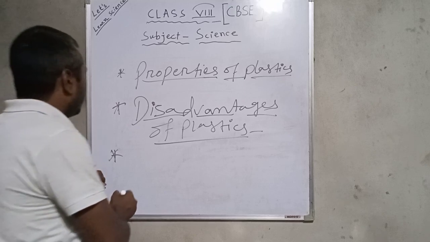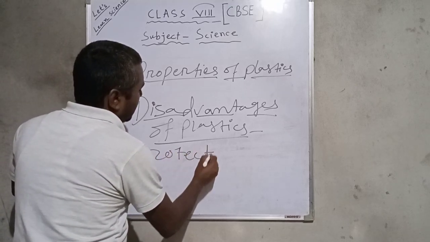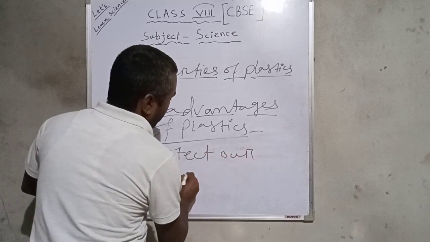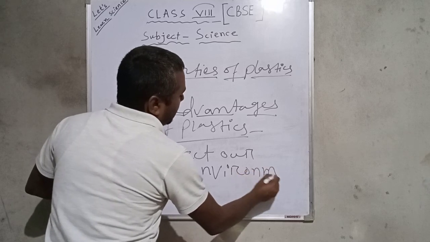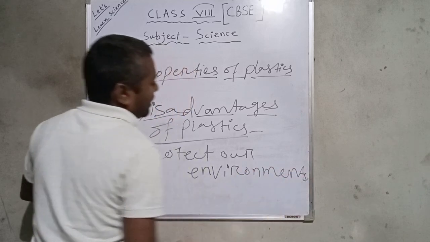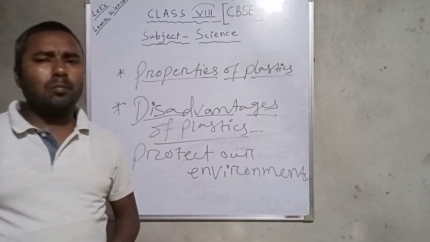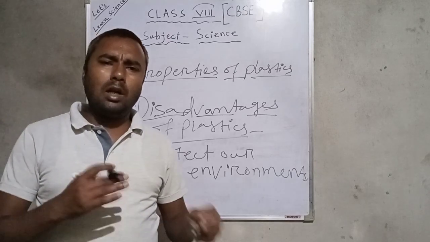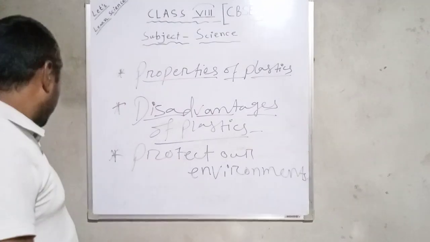How can we protect our environment from the bad impact of plastics? So these are the different things that we will learn in this lesson step by step in detail.